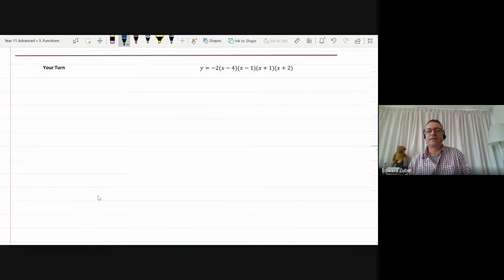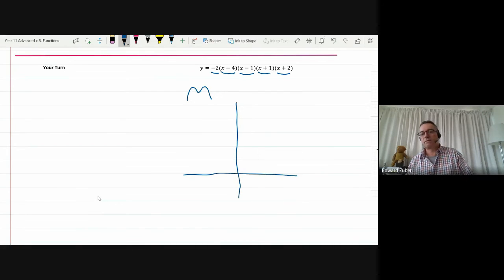Now let's analyze this. What have we got? How many x factors have we got? Well, we've got 4. So it's a quartic. The negative tells me its general shape is going to be something like that. So let's draw our axis, and we're going to really spread these out. We're going to have a 4, so I'm going to go up to a 4.